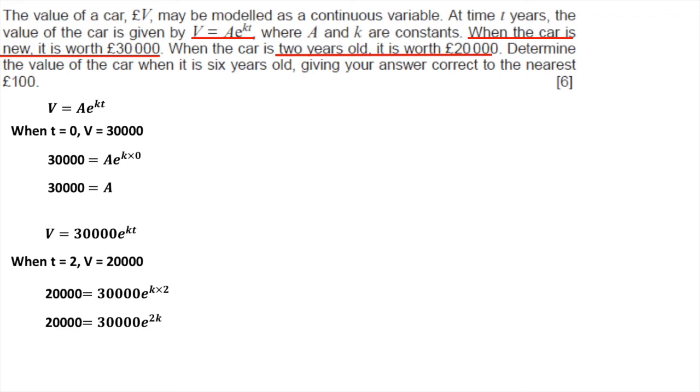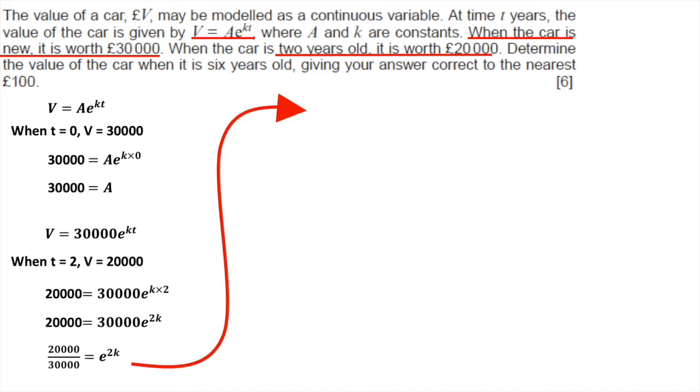What I now have is an equation where I can solve to find the value of k. If I divide both sides by 30,000, it leaves me with 20,000 over 30,000 equal to e^(2k). Now 20,000 over 30,000 simplifies to 2/3 by dividing the top and bottom by 10,000.